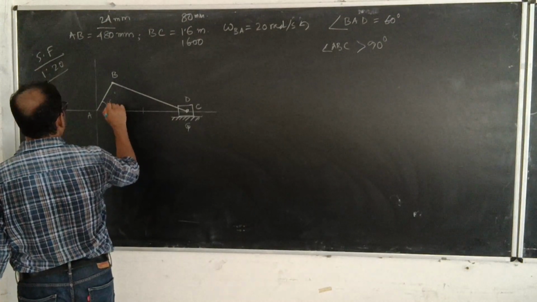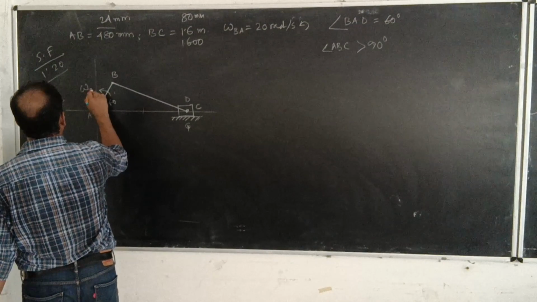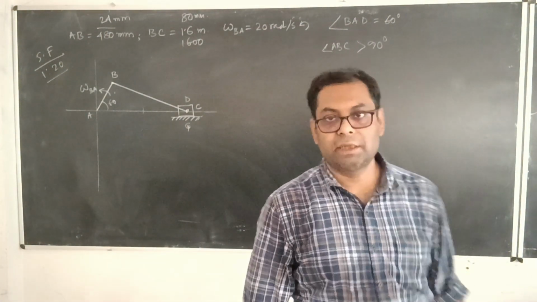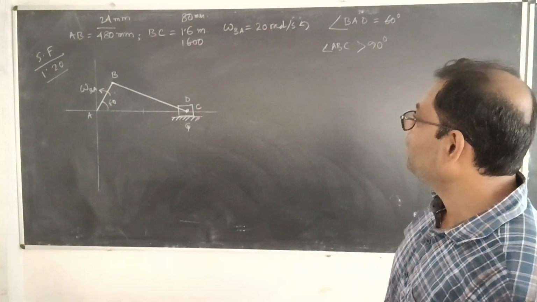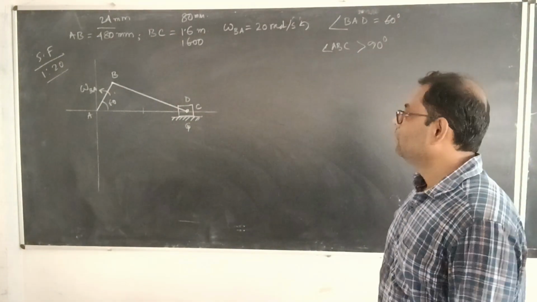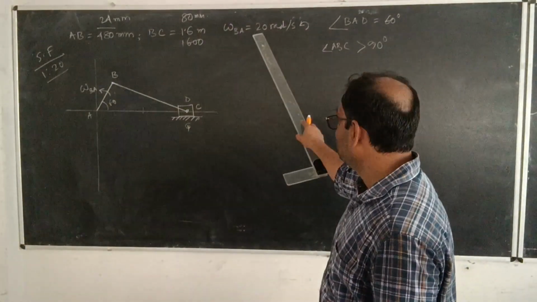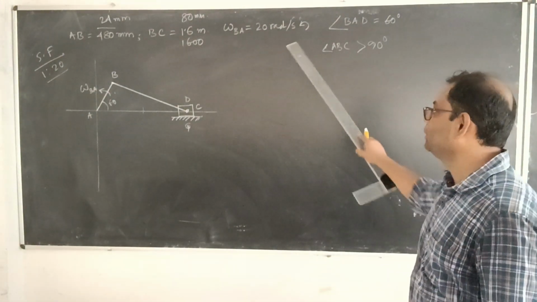This angle is 60 degree over here, and it is rotating with omega A, angular velocity, in anti-clockwise direction. So AB is the crank, which is rotating in anti-clockwise direction with angular velocity omega A. What is the value of omega A? That is 20 radian per second in anti-clockwise direction.